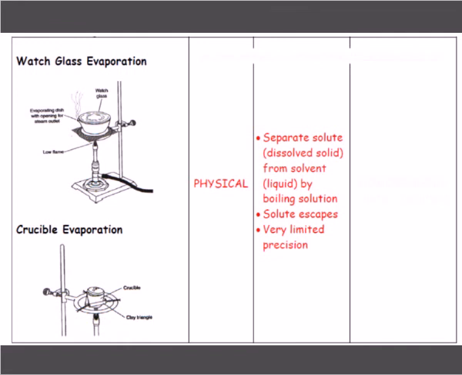Now, you are very limited on your precision here. Filtration, you can do it over and over again, and you can really separate things out. Here, it can be very limited, because how do you know you've gotten it all? Maybe some of the particles will actually escape into the gas phase as well. So, you get a general idea, but you may not always recover what you put in. Filtration, you should be able to recover all of it.